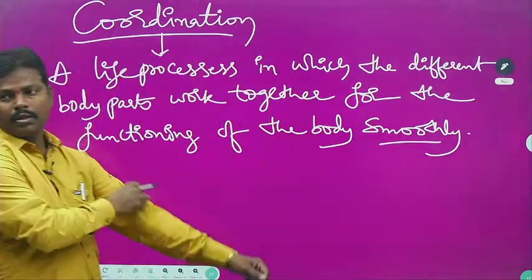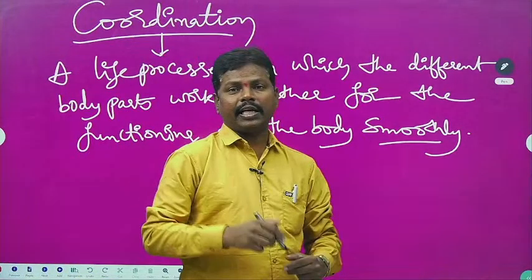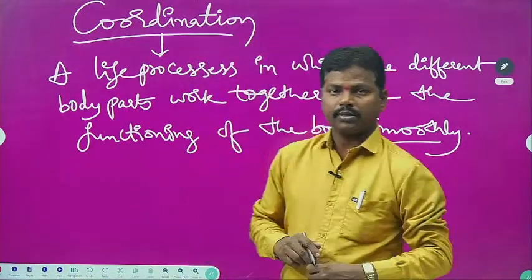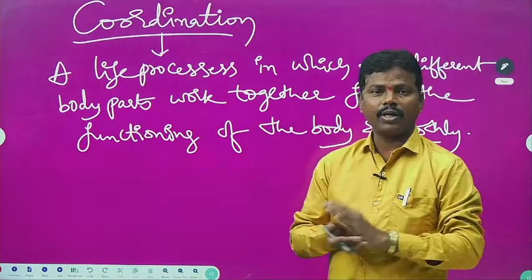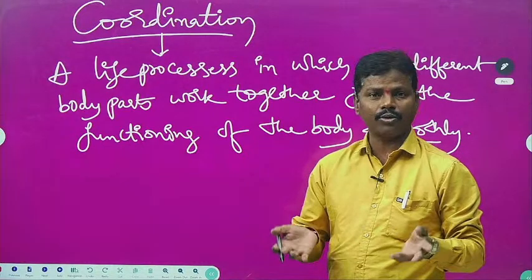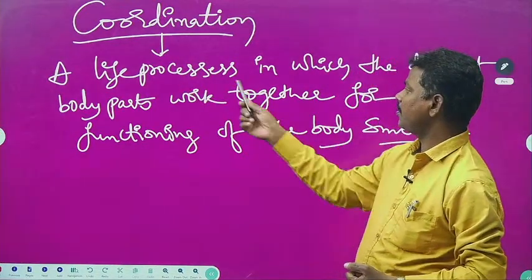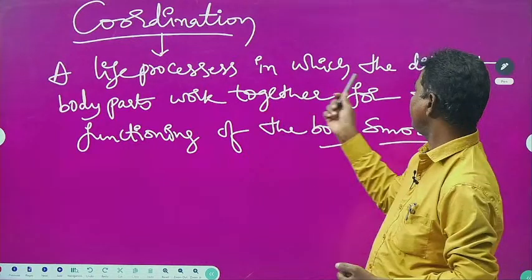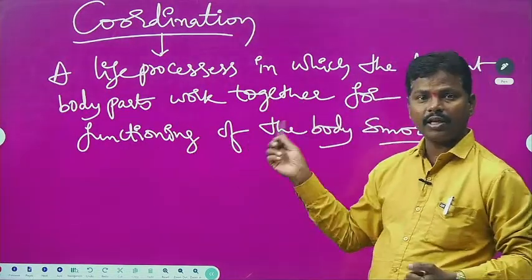What is meant by coordination? Coordination in life processes. Okay? Our nervous system is related to coordination. Without coordination, see, there is no sensation, no stimulation, no response also. That's why a life process in which the different body parts work together for the functioning of the body smoothly is called coordination.